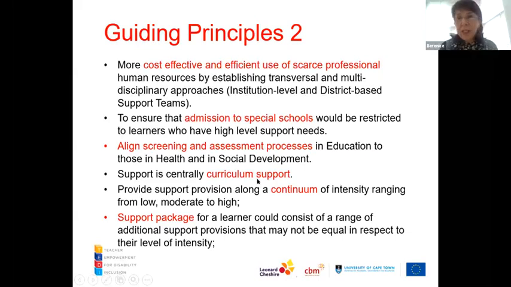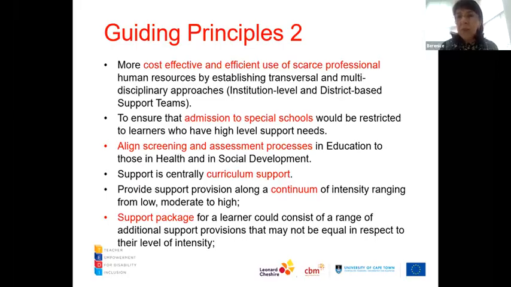Okay, support is centrally curriculum support, and we provide support along a continuum of intensity ranging from low to moderate to high. So I've mentioned that, and just to say that most of the time low support in our primary schools is from an itinerant learning support teacher or remedial teacher who withdraws a group of learners and works with them, or works alongside the class teacher, co-teaching.